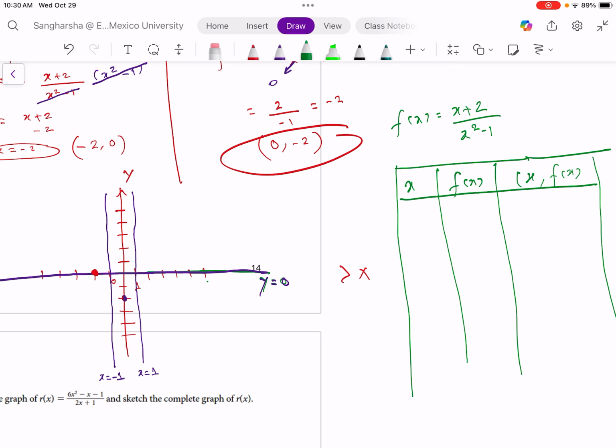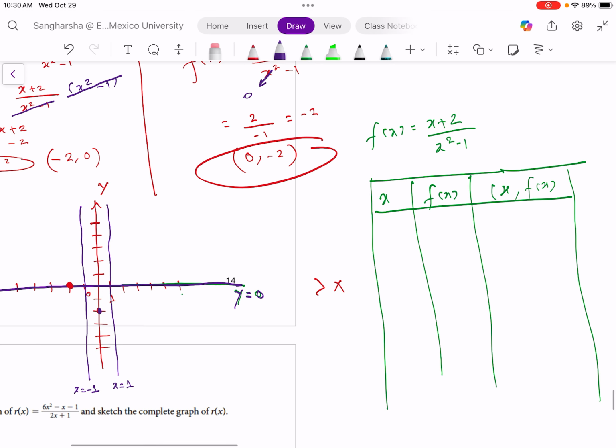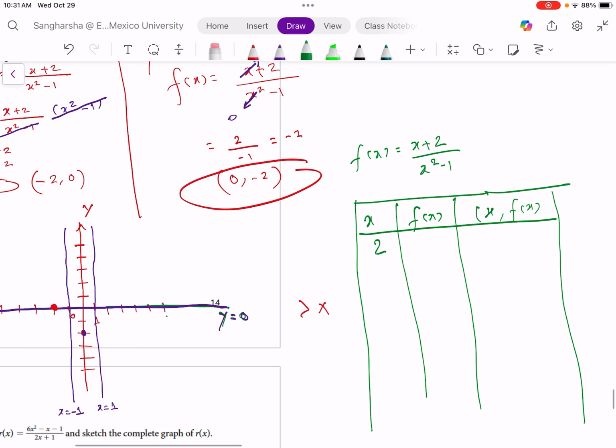So let's start with x equals 1. Let's take 2, to make it easier. When our x is 2, what is our output?